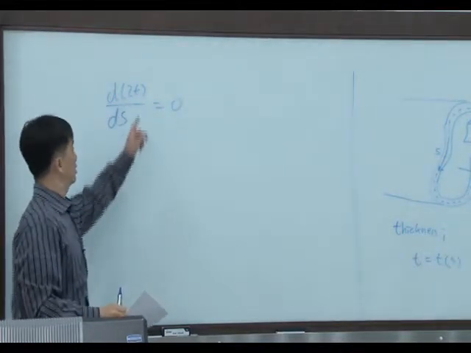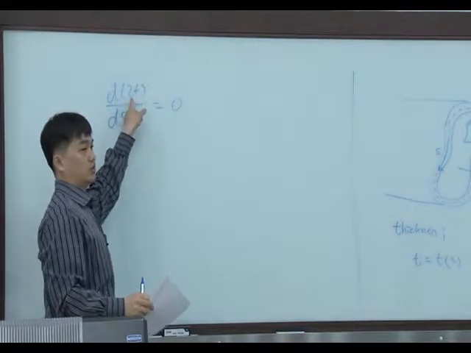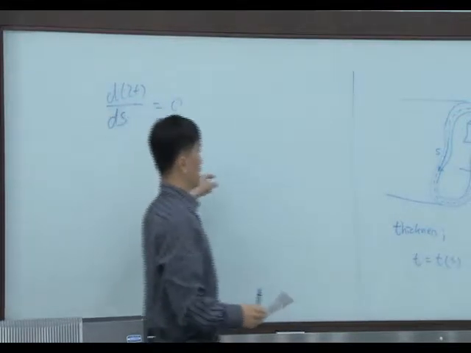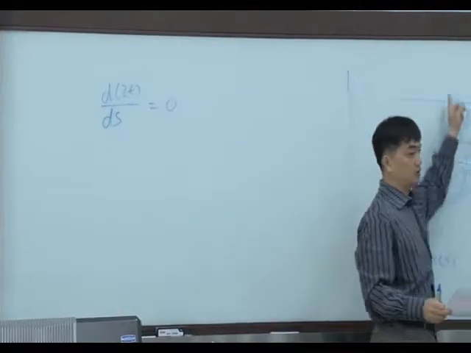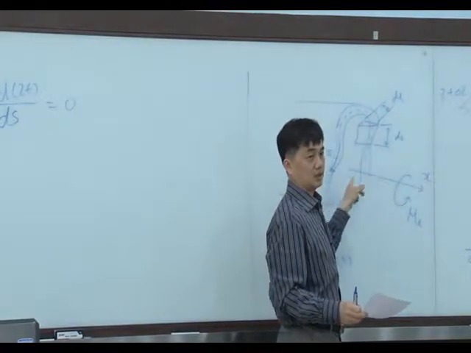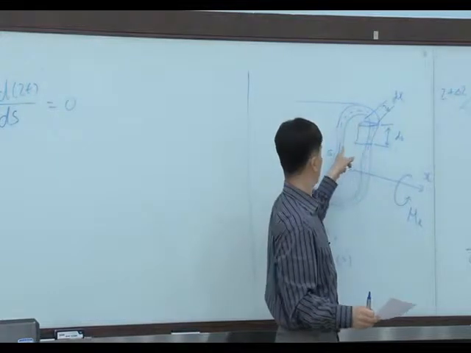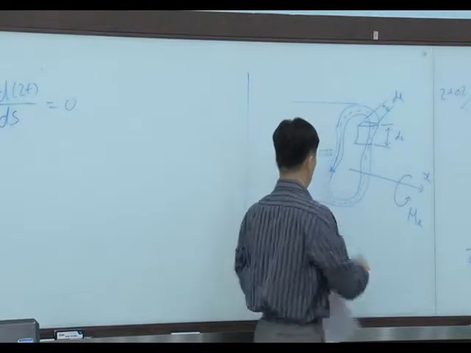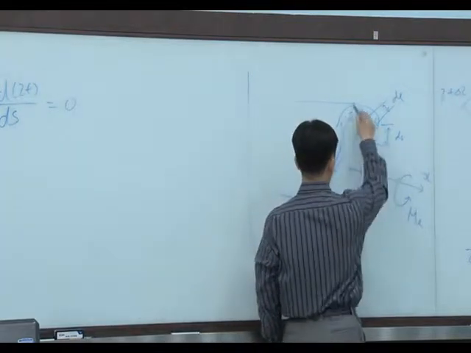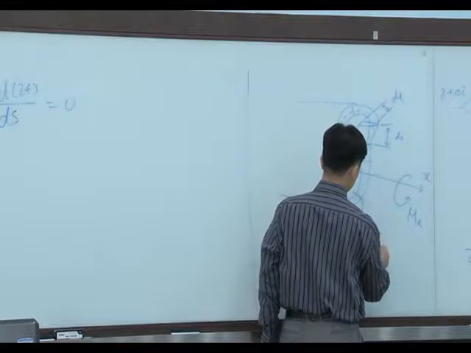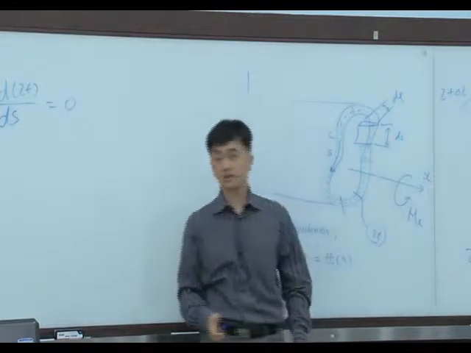This means tau multiplied by t doesn't change along the line s of the cross section, even though you change s. So at all the cross section, tau t is a constant.